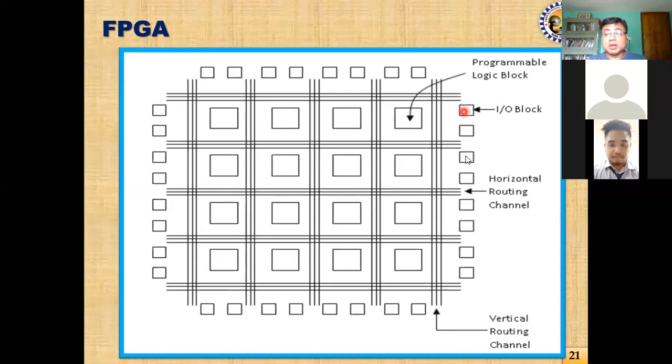So these blocks which are surrounding the FPGA are called input-output blocks, through which the FPGA can receive input from the external world and can send output to the external world, to transfer the signal to the other parts of the circuit. So this is the basic block diagram of a FPGA. Next, we will go into the programmable logic block in the next slide.